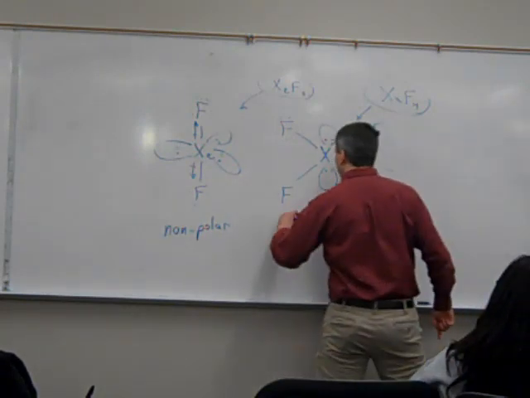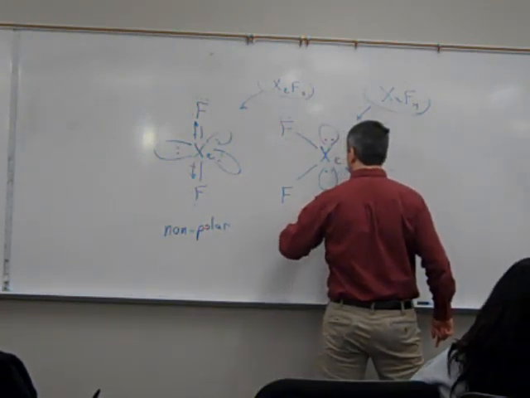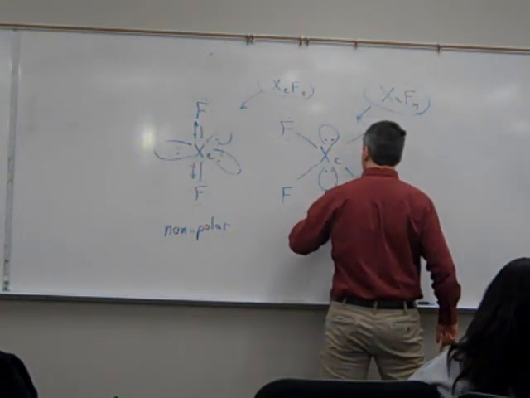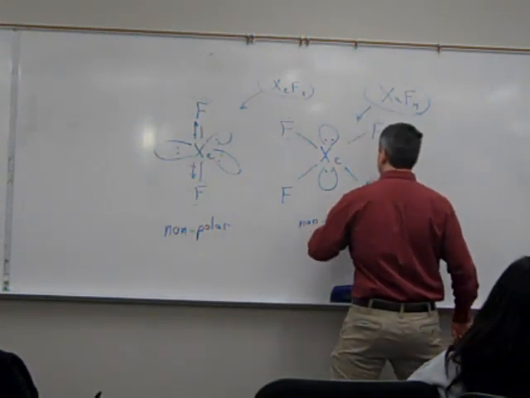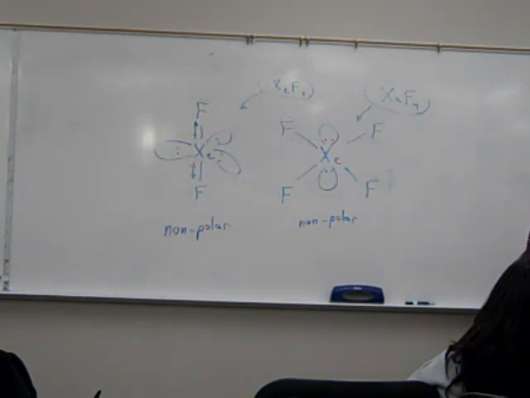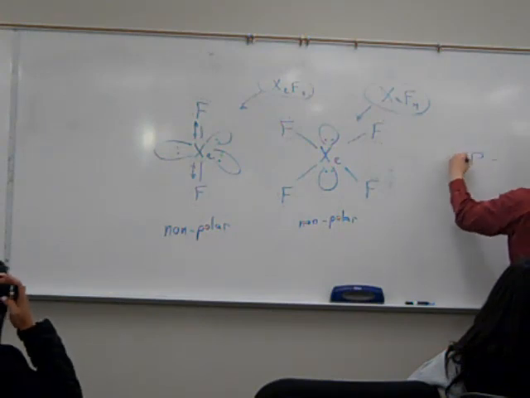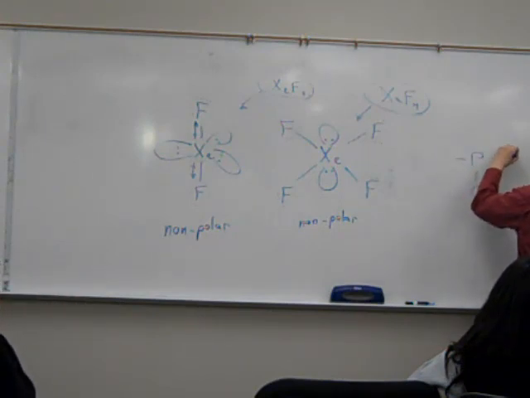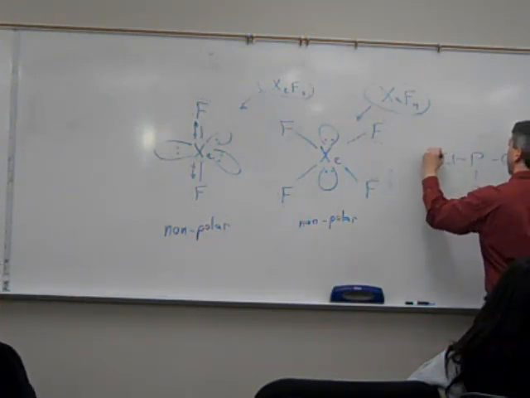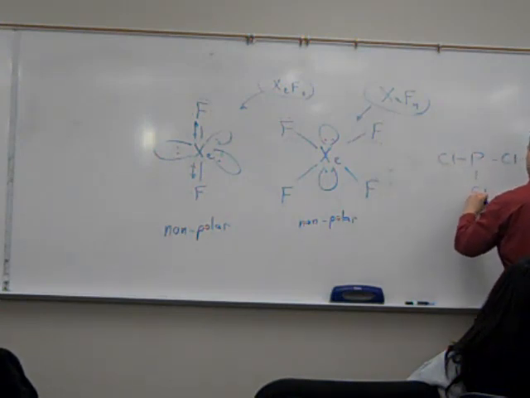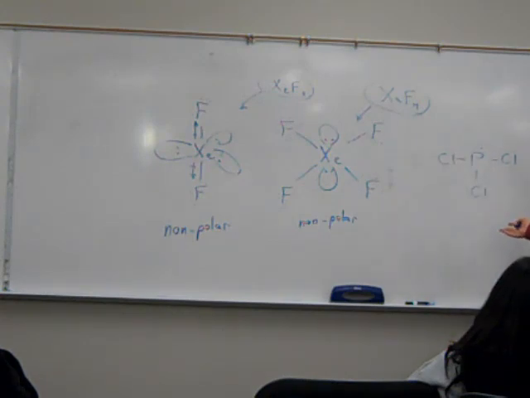But even though I've shown you these exceptions, the vast majority of the time, anytime you see a lone pair, it usually means it's going to be polar. So, for example, you have PCl3. Polar or nonpolar?